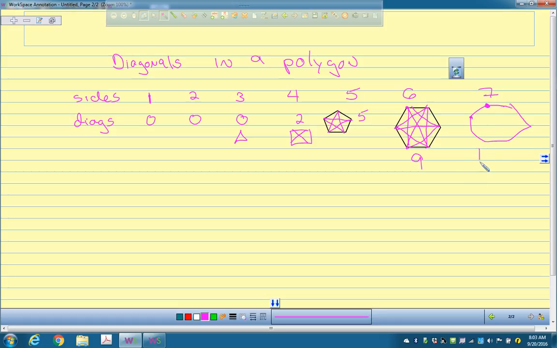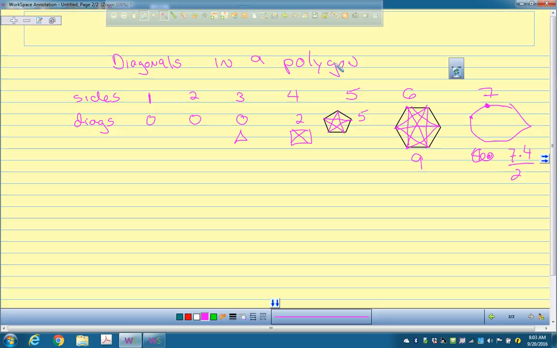So it's going to be 4 times 7, because I could do this from 7 different vertices. Do I have to divide that by 2 as well? Yeah, because you're counting everything twice. I tried to go another one from this one, but this one's already there because I already counted it. So you have to divide by 2.